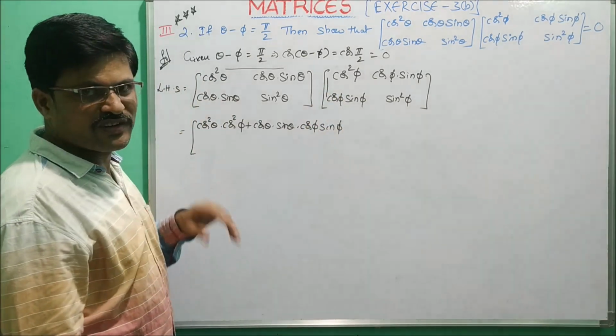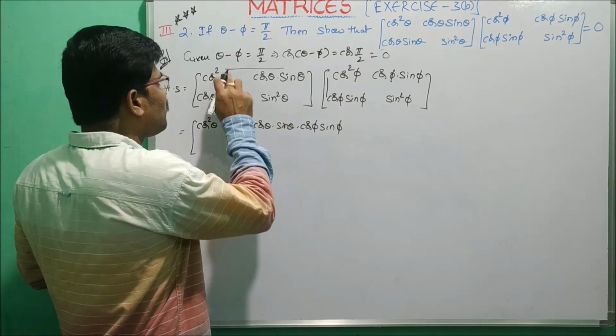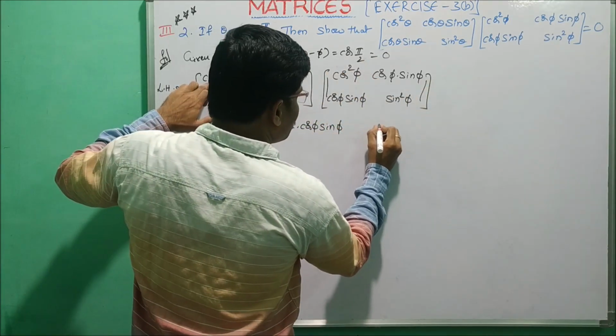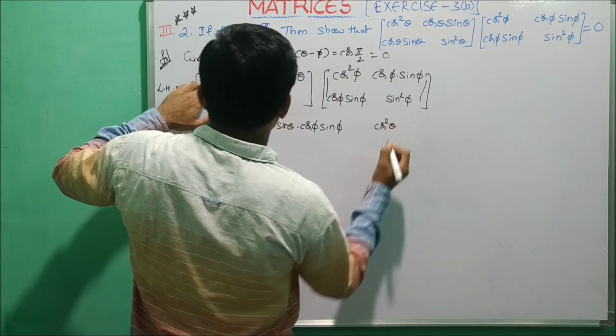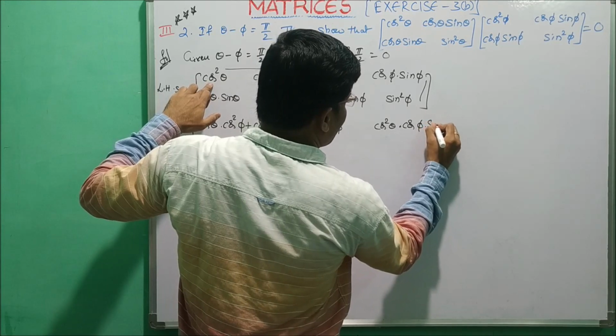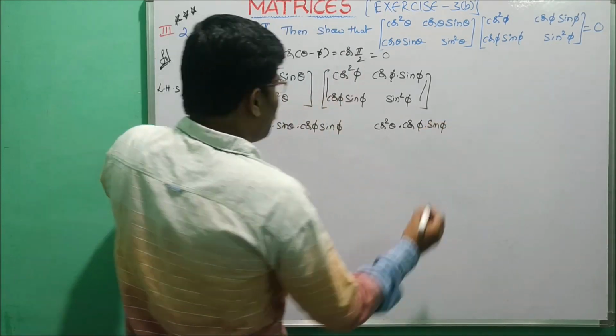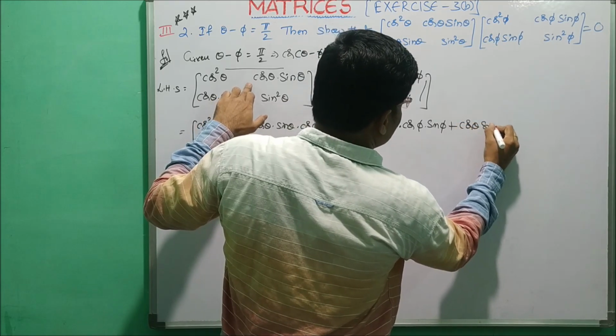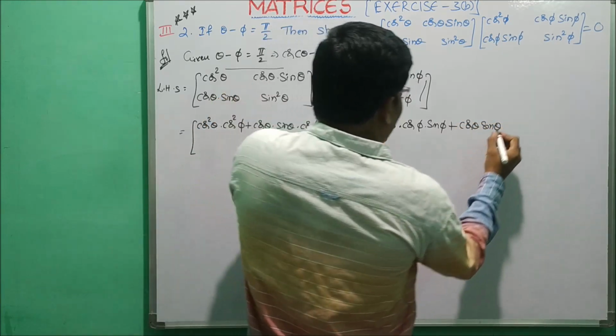This is the first row, first element. Similarly, we take first row, second column: cos square theta into cos phi into sin phi plus cos theta sin theta into sin square phi.